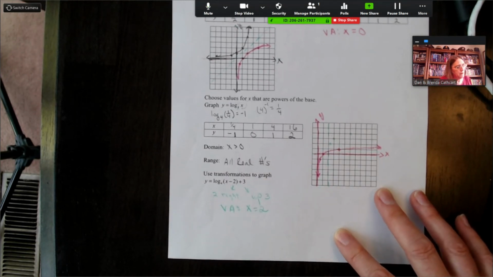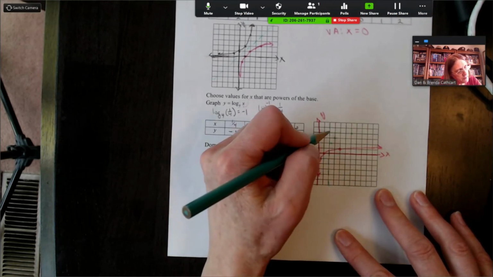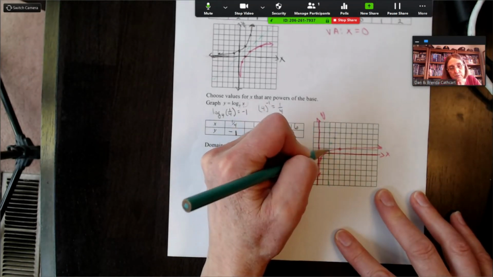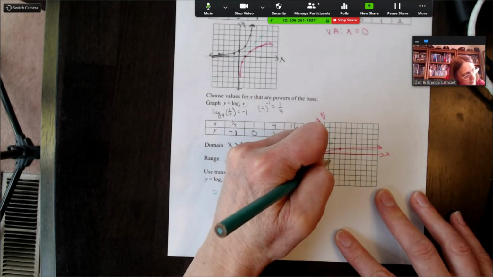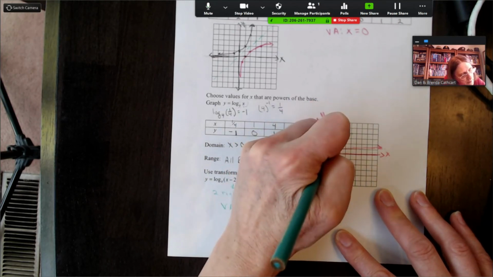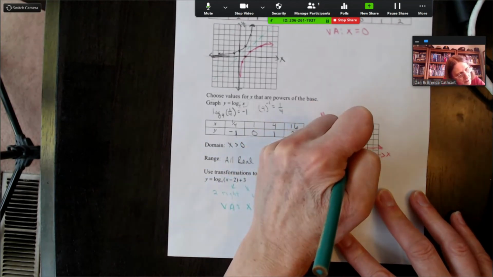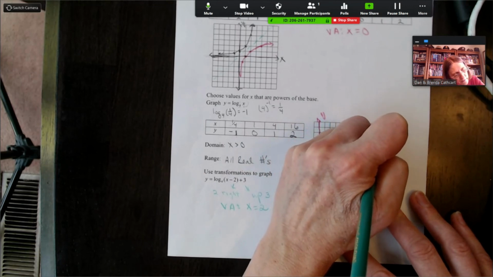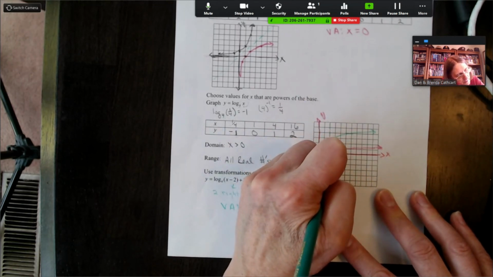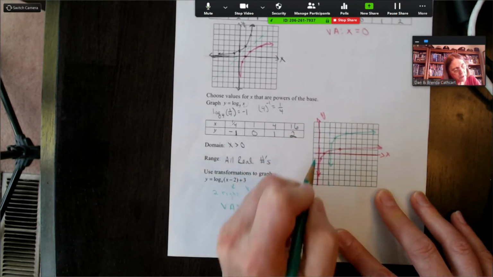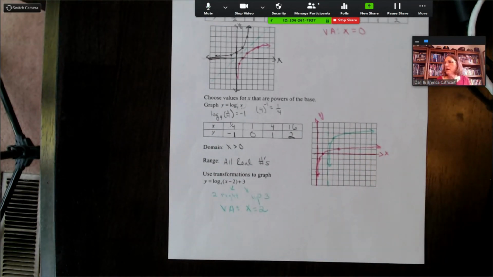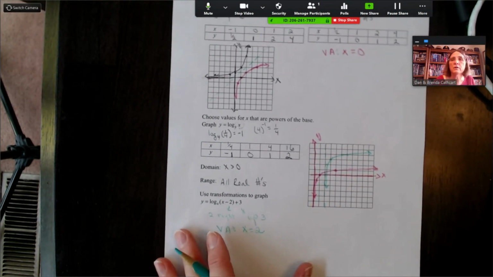Okay, so I'm going to draw that graph, drawing it close to x equals 2 here. It's going to come and curve and get very flat. And that's our graph using our transformations. So those are graphs of log functions.